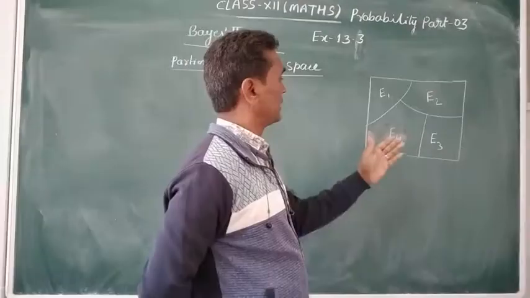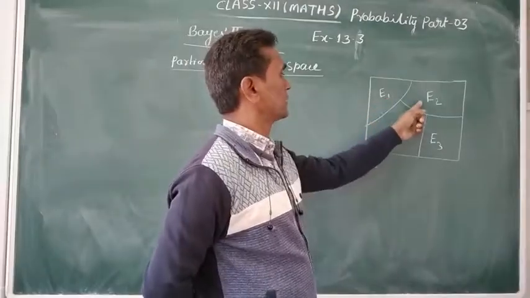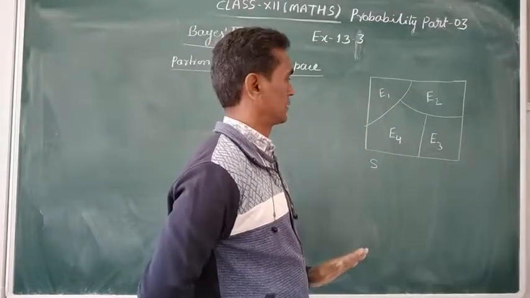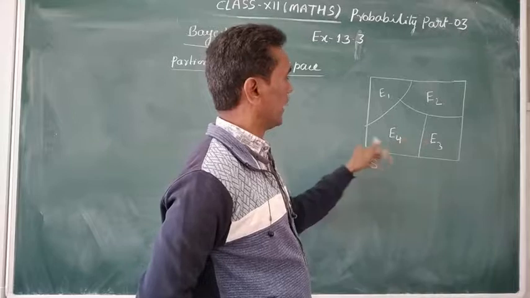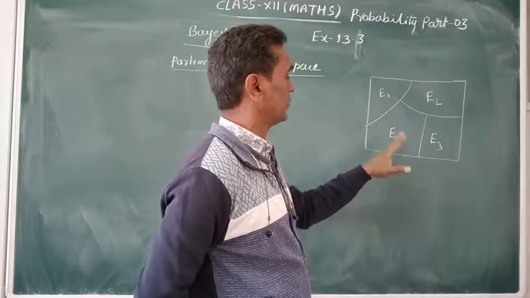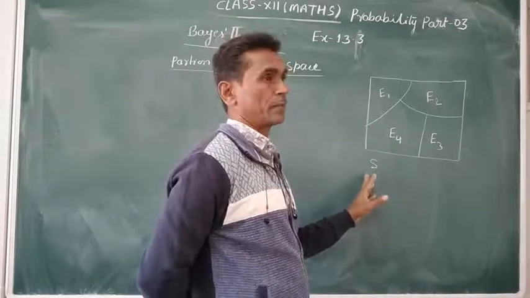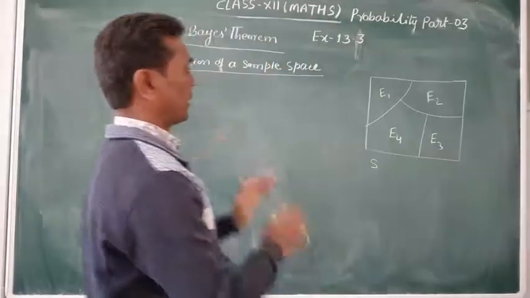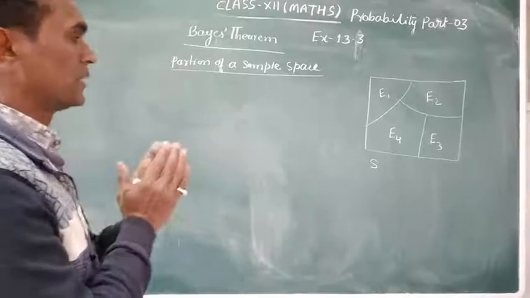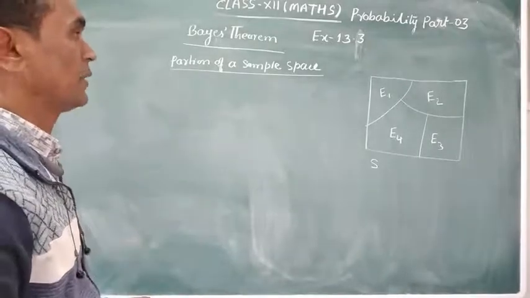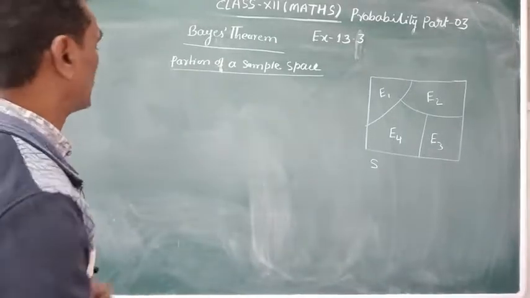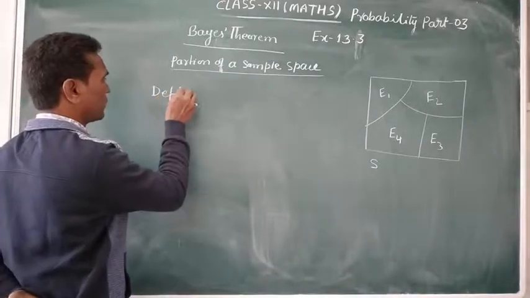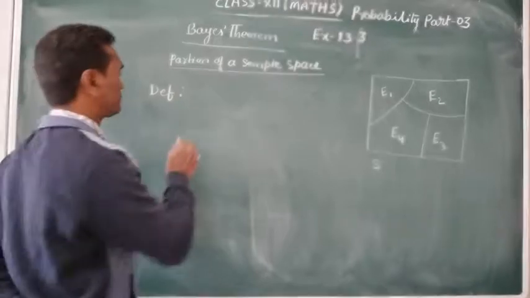If you observe here, two events have no common element, so they are mutually disjoint, and if you unite these 4 events you will get the whole sample space. This is the condition when a set of events will be a partition of a sample space. So let us define the partition of a sample space.